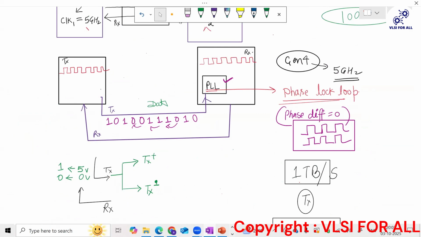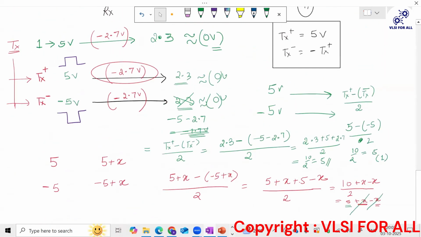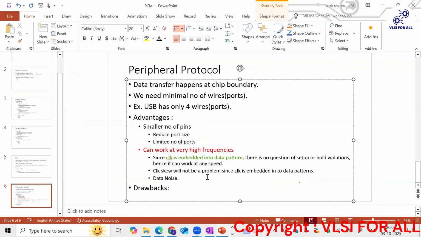So for that purpose, you are transferring tx plus minus and rx plus minus. You got my point? Yes, sir. In detail, we'll discuss this later. But as of now, clock is not an issue because clock is not there. And data noise, how do we improve or reduce that? Just by transferring tx plus minus and rx plus minus.